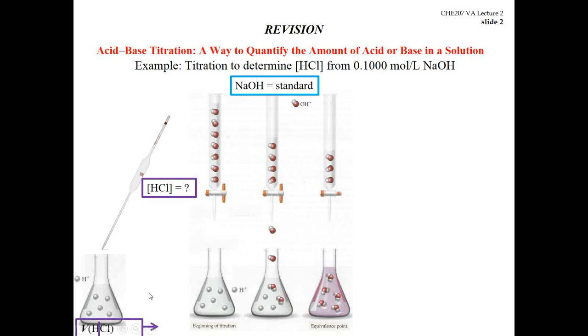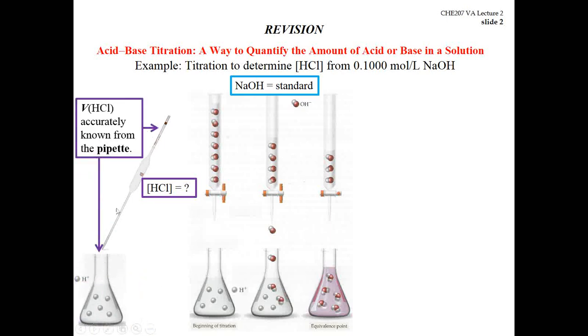First of all, we pipette a certain volume of hydrochloric acid into a conical flask. We add some indicator in the flask. In our case now, we use phenolphthalein. A few drops of phenolphthalein is added into the conical flask. We see that the color of the solution here is colorless.